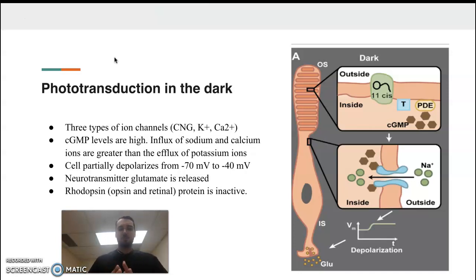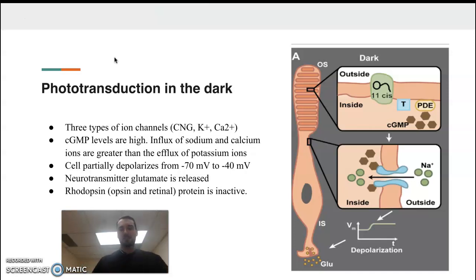We'll use the short term cGMP. When we have high levels of these cGMP molecules, this allows for these ion channels to be open, and so positively charged sodium and calcium ions are able to come into the membrane, leading to a depolarization of the cell, and it goes from about negative 70 millivolts to negative 40 millivolts.